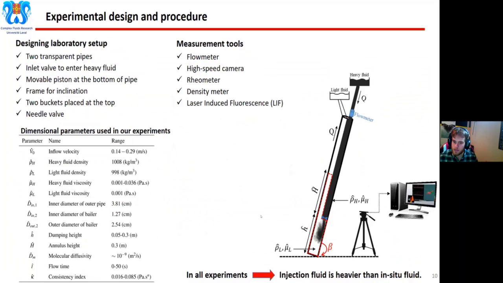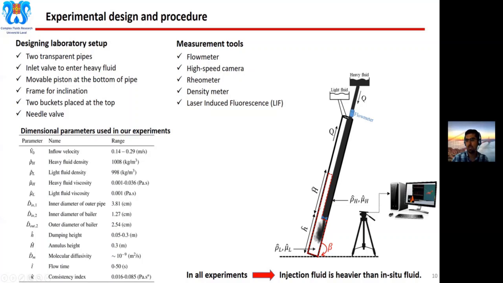This is the schematic of the setup. We have two fluids. One heavy fluid is injected through this reservoir, and we have a light fluid that is inside the outer pipe.